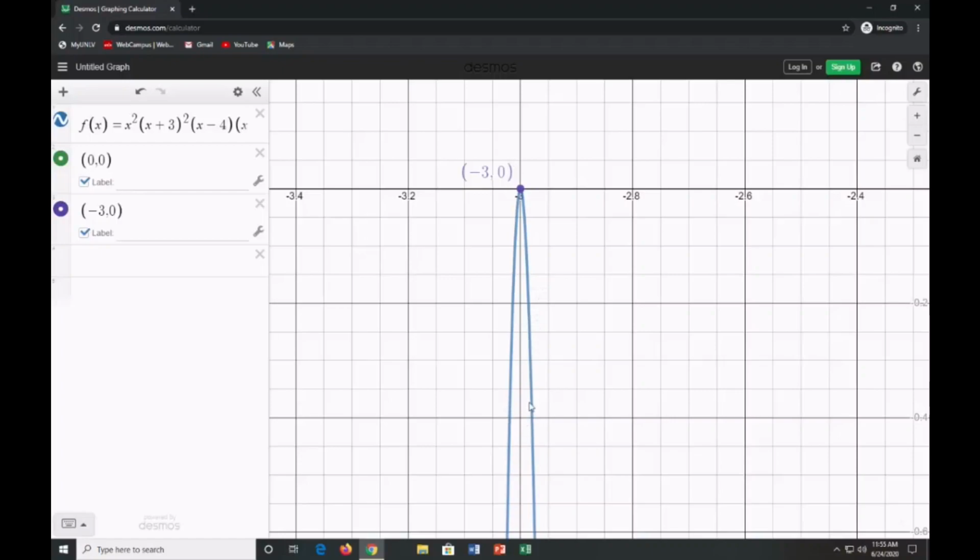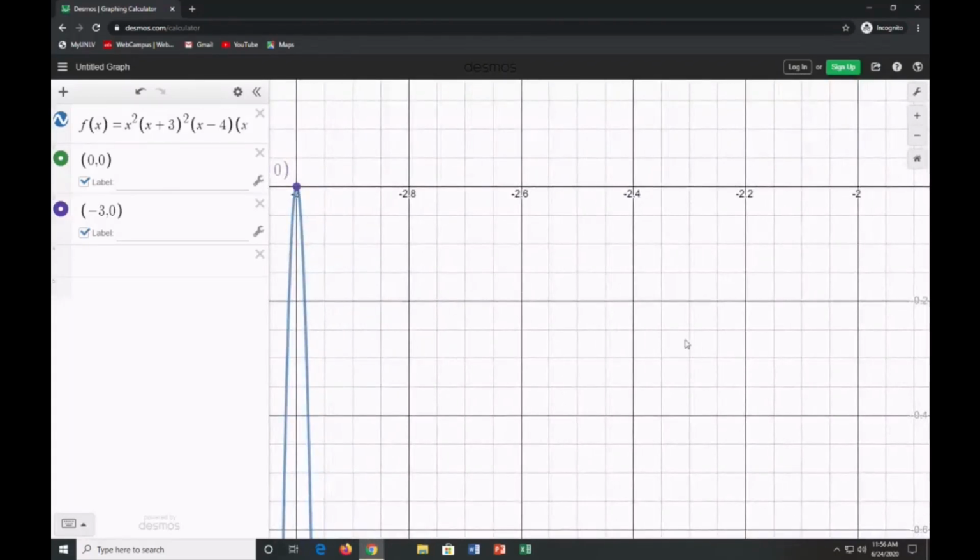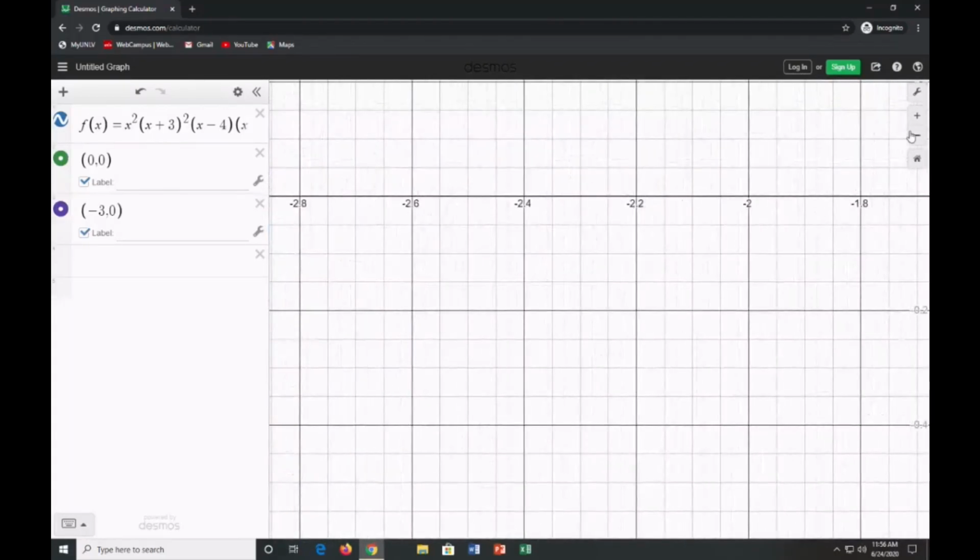It bounces back to that side, below the x-axis. So we would expect the multiplicity to have been even, right? In fact, when I'm looking on my paper, the multiplicity was 2. So we predicted that the line does not cross the x-axis.